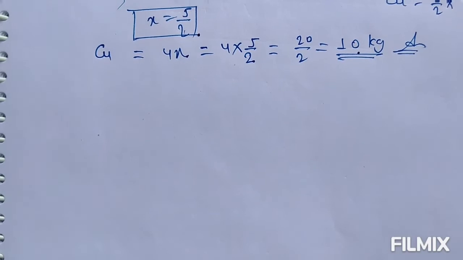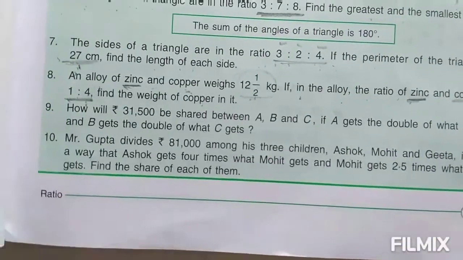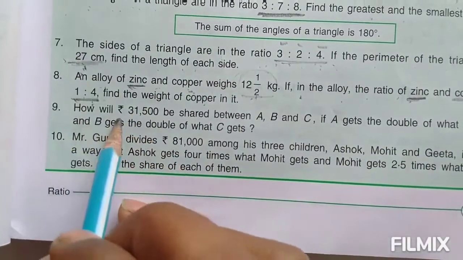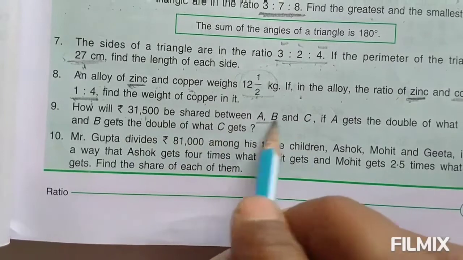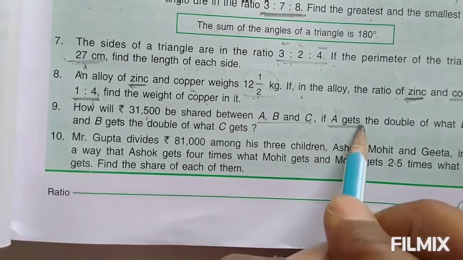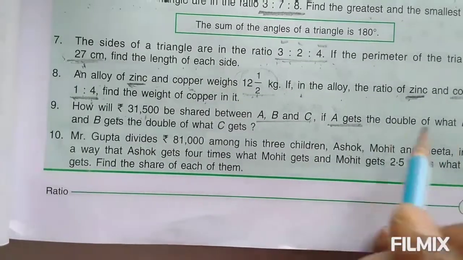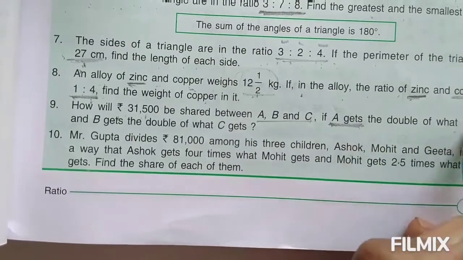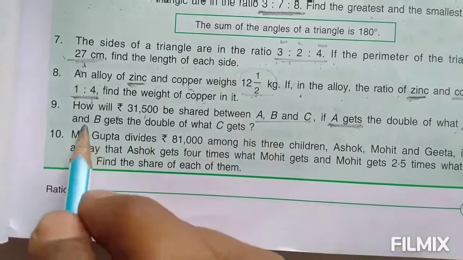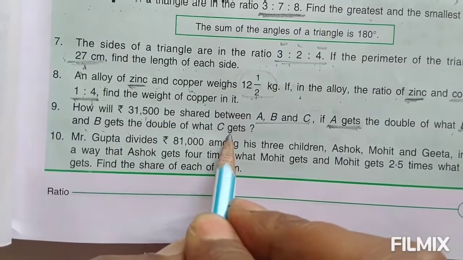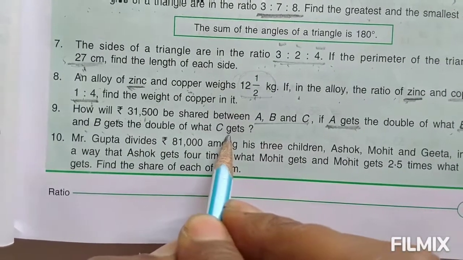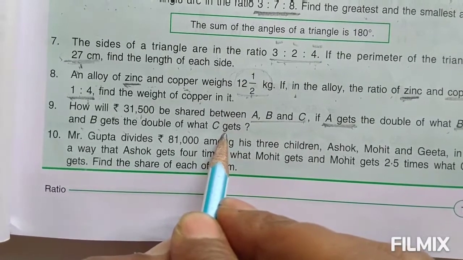Question number 9. Our ninth question is, how will 31,500 be distributed between A, B, C if A gets the double of what B gets, and B gets double of what C gets. So what is the part of C? Let the part of C be x.